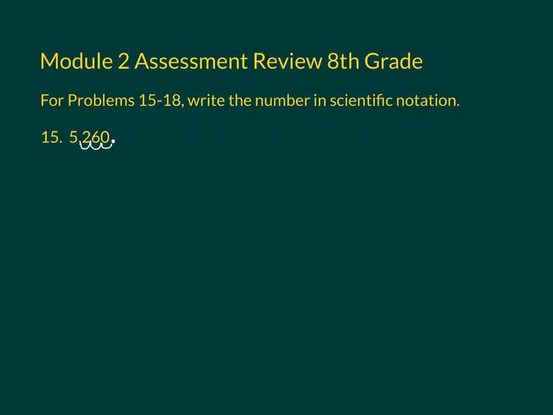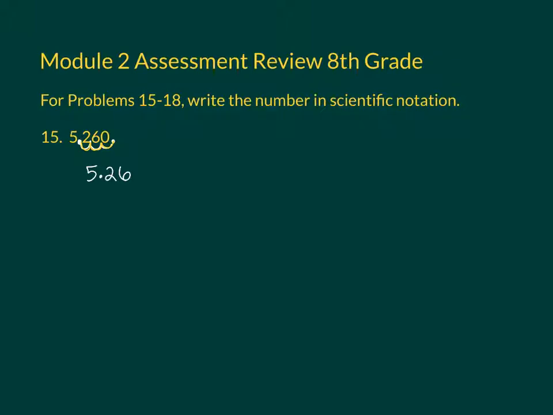So if we move it one more time, then we get the number 5.26, and that is between 1 and 10. So that's going to be our factor, 5.26. Now, how many times did we move that decimal? 1, 2, 3. We moved it 3 times. Since you moved it 3 times, you made that number smaller, so we divided by 10 3 times.